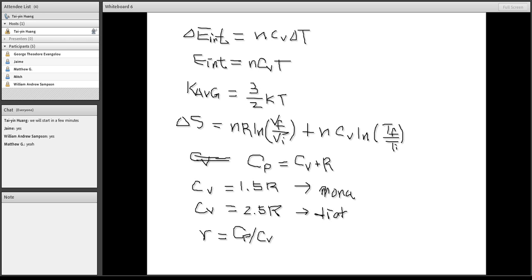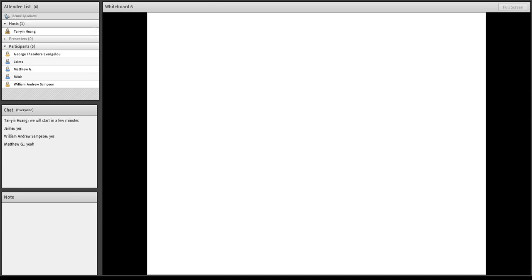Now the other thing we discussed in class is that there are different kinds of velocities that you can calculate using Boltzmann's, using Maxwell's velocity speed distribution law.